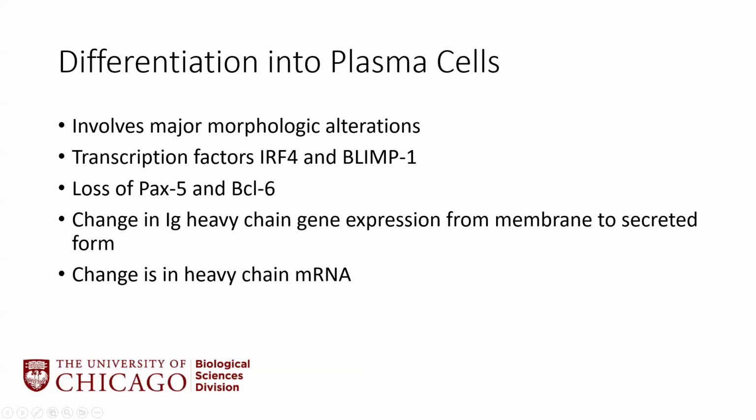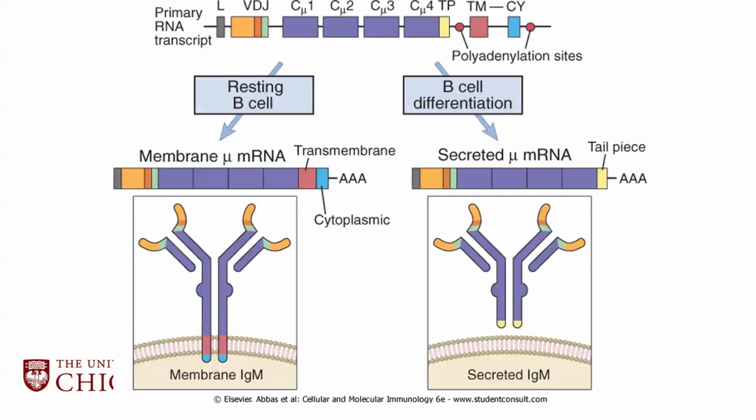There is also a change in the immunoglobulin heavy chain gene expression from the membrane to the secreted form. Up until this point, remember, we just have the part that is connected to the membrane. That's got to go in order to let it be secreted, and that changes in the heavy chain mRNA. So here we have your RNA, here is your IgM mu constant region with your VDJ.